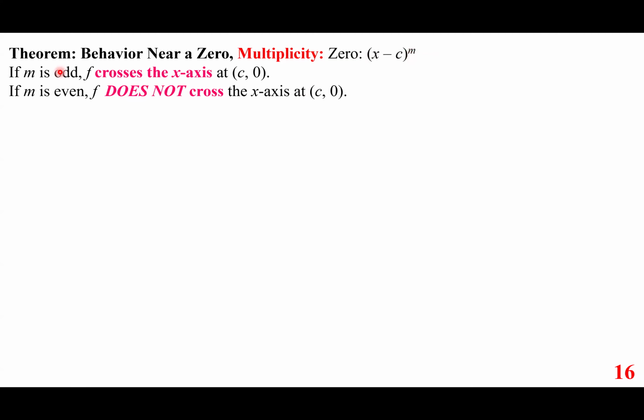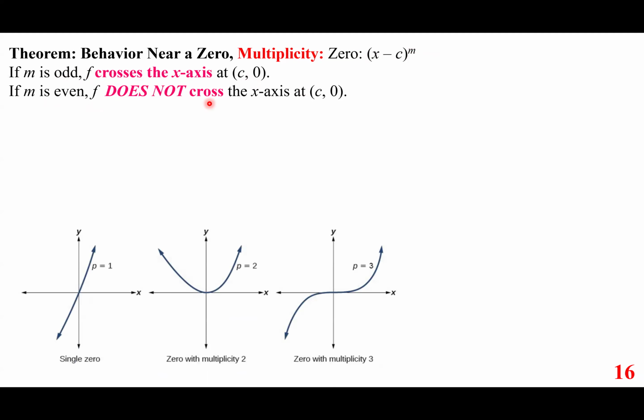If m is odd, f of x crosses the x-axis at its zero, c comma 0. However, if m is even, it can't cross the x-axis at that point. So if you look at this one, for example, it crosses. In this case, multiplicity 2, it can't cross. In this case, multiplicity 3, it crosses.